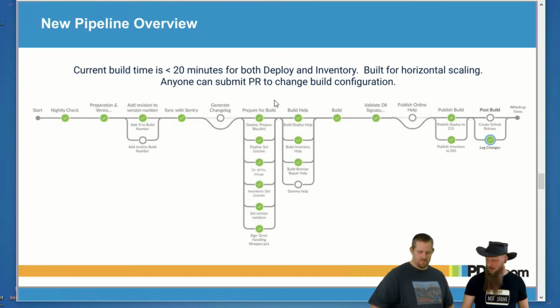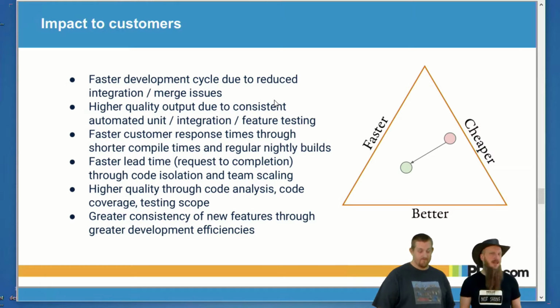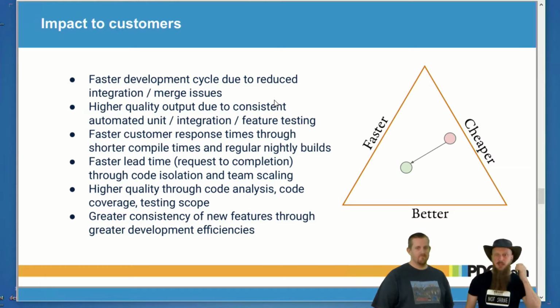So, let's talk about what this means to you, because that's what it boils down to, right? In this, you've probably seen this triangle before, over on that red side, that red dot. We had built this custom build system. It cost us arguably nothing, but it was not the fastest and not the best. And so we wanted to move to that green dot.